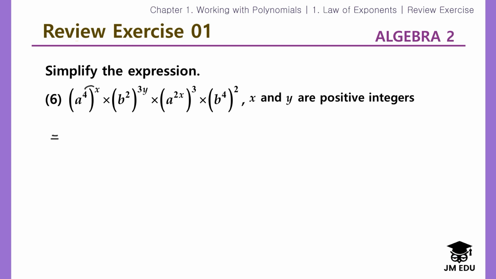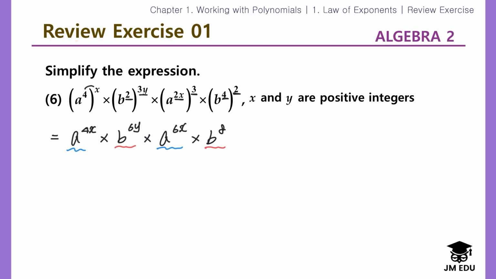So that is equal to a to the 4x times 2 times 3y, that's b to the 6y, times 2x times 3, that's 6x, a to the 6x, times b to the 4 times 2, that's 8. So we have two terms with the base a, two terms with the base b.